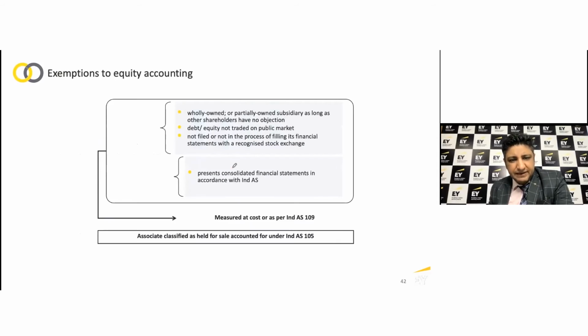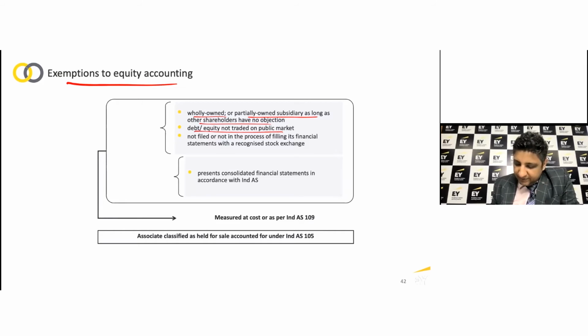Now, very specifically, we dealt with the accounting part of it. Just like the group accounting, there are some exceptions or exemptions from the equity accounting in case the entity is, for example, a wholly owned or a partially owned subsidiary, and the other shareholders do not object, and the entity is not traded on a public market, it's a private company, and it's not in the process of filing any financial statements with a recognized stock exchange, right?